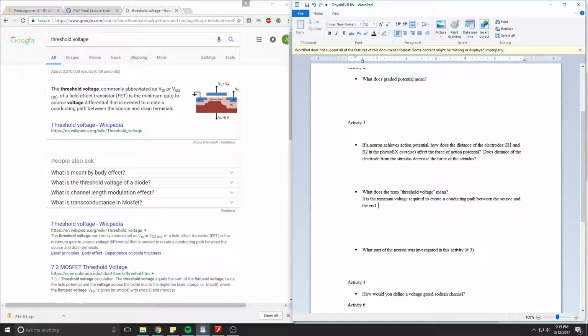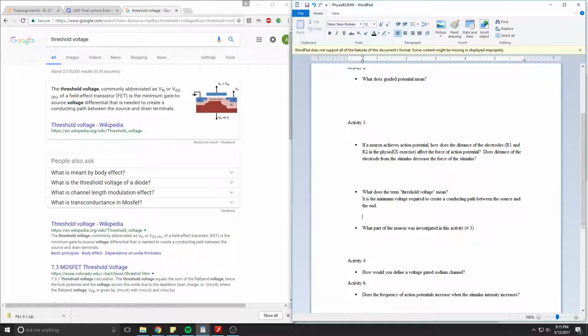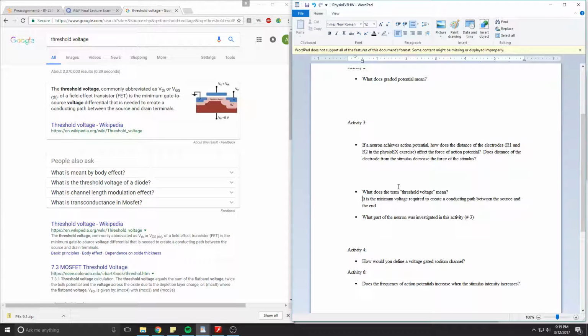So in other words, it's the minimum voltage required for the signal to get from point A to point B. So that's pretty simple. Let's shorten this. Whoops, that's not what I wanted.